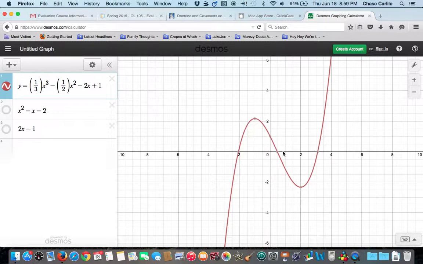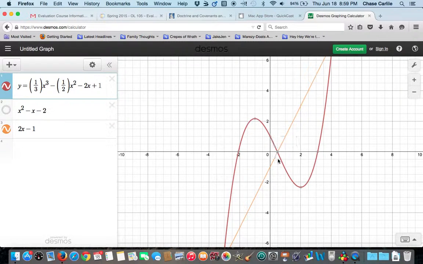So what we expect the second derivative to show us is the inflection point, where it changes concavity. So the second derivative is 2x minus 1. If we click on that, you can see right here that just as we expected, where the second derivative crosses that x-axis, that's where we're going to get our inflection point.